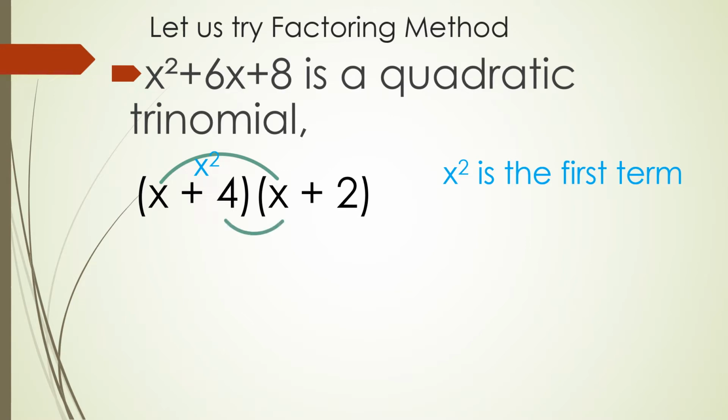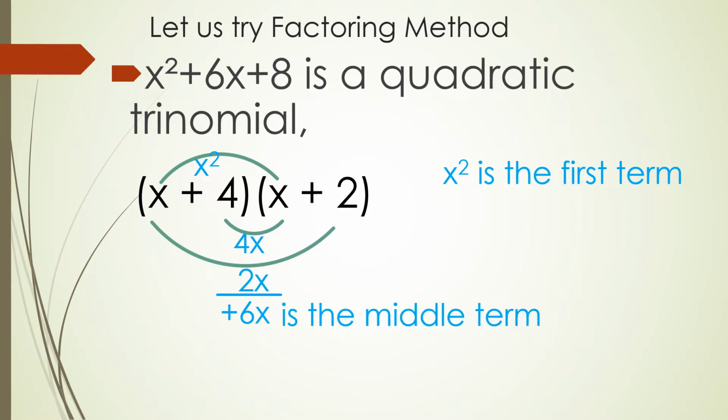Next, the outer and inner terms: 4 times x is 4x, and x times 2 is 2x. Adding this, 4x plus 2x is equal to 6x. 6x is the middle term, so I was able to get the middle term also. Next, 4 times 2 is 8, and 8 is the last term.